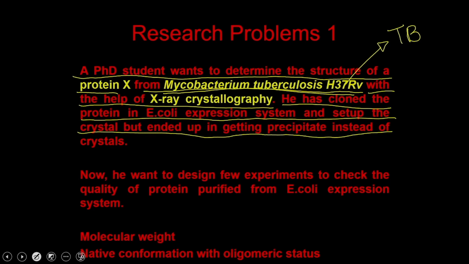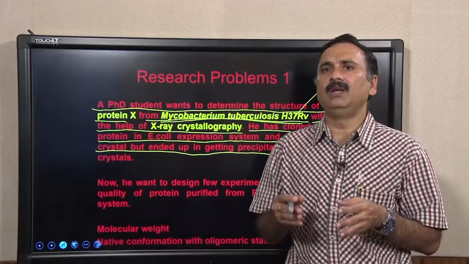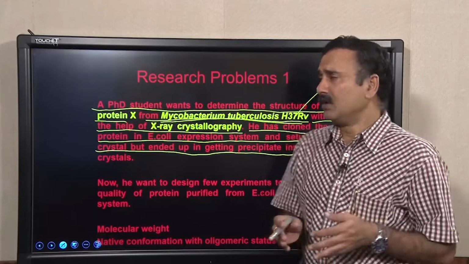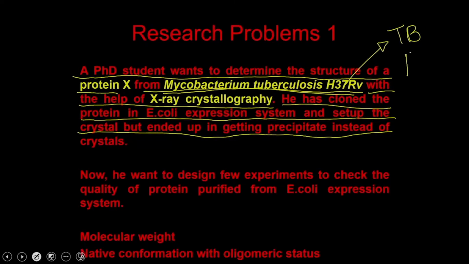In a typical X-ray crystallography structural determination, you first have to isolate the protein in a large quantity in a purified form. Then you have to concentrate this protein so that it reaches a concentration where it will start showing crystallization.